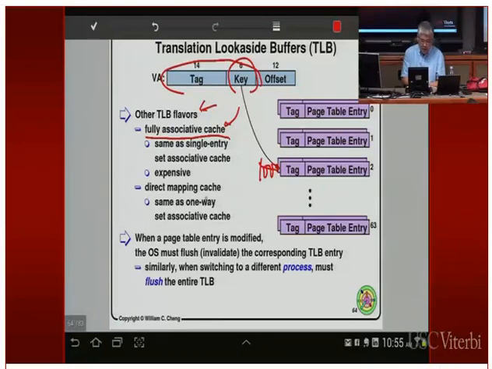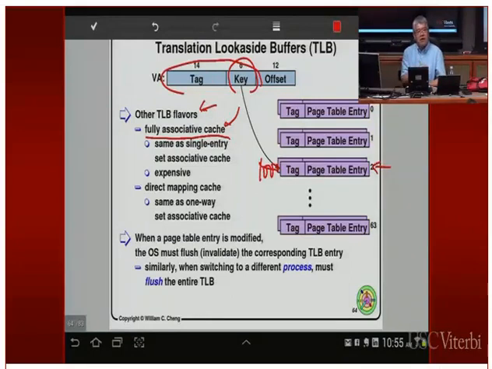On the other side, you can have a direct mapping cache. In that case, the number of entries for one particular cache line is equal to 1. So when you have a miss, you go and fetch the real page table entry, and when you bring that page table entry back, which one do you replace? Well, there's only one, so you don't have any choice. You just replace the one that you have.